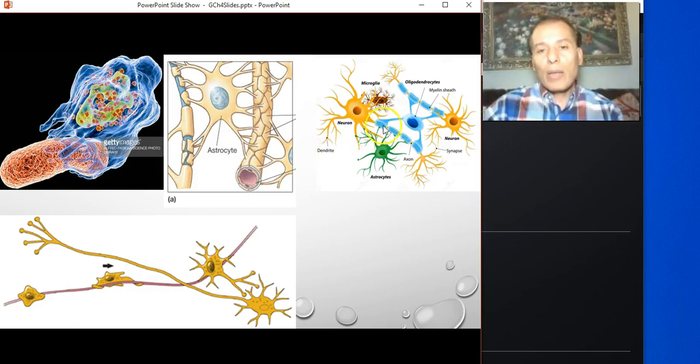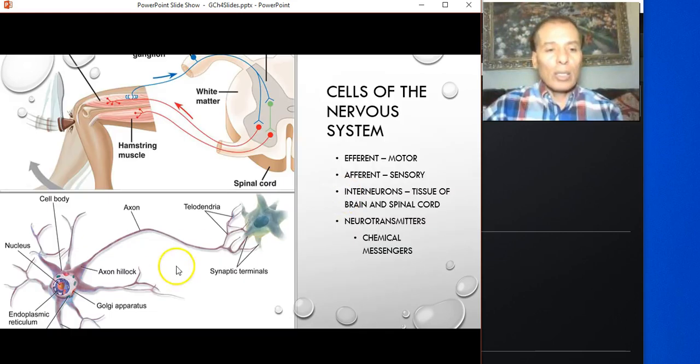But another kind that makes myelin for motor neurons, like here, for example, in the peripheral nervous system, is called a Schwann cell. It wraps itself like a piece of marshmallow around each segment of the axon, and multiple Schwann cells are required for one single neuron.